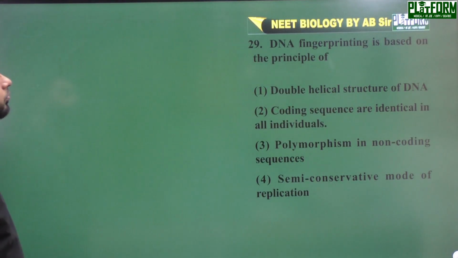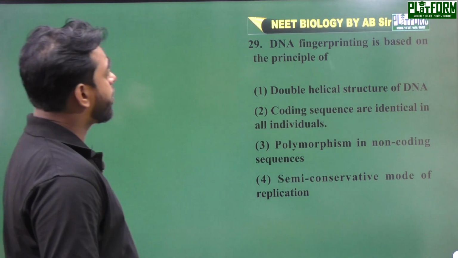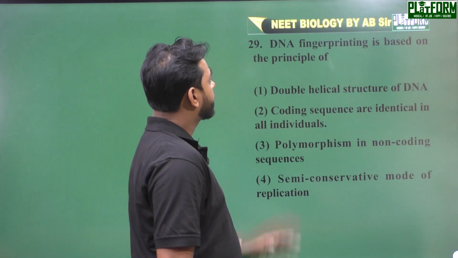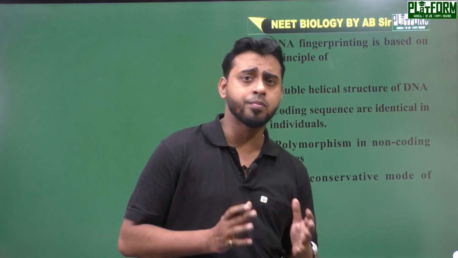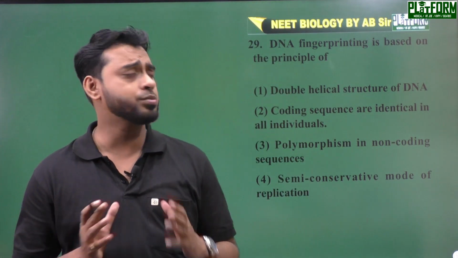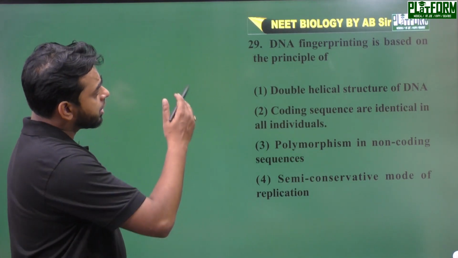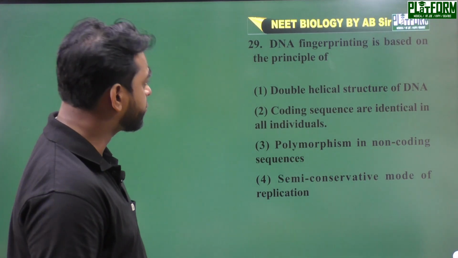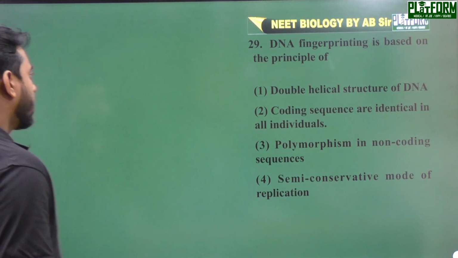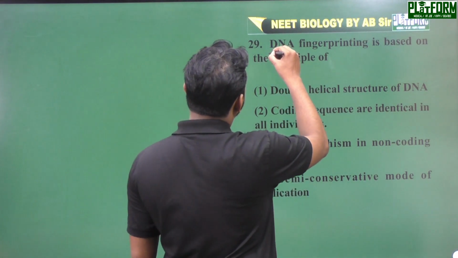Now, moving to our next question, this is also a question from the molecular biology chapter, molecular biology portion. Now, here it is written that the DNA fingerprinting is based on the principle.